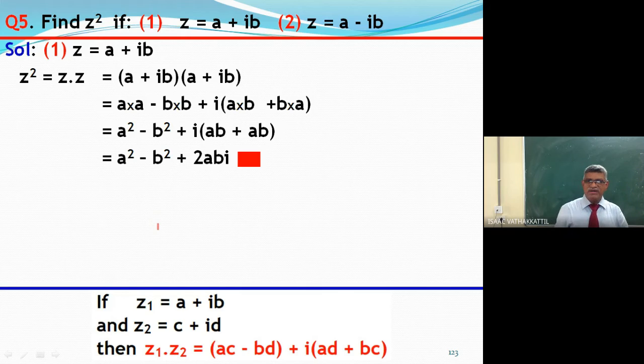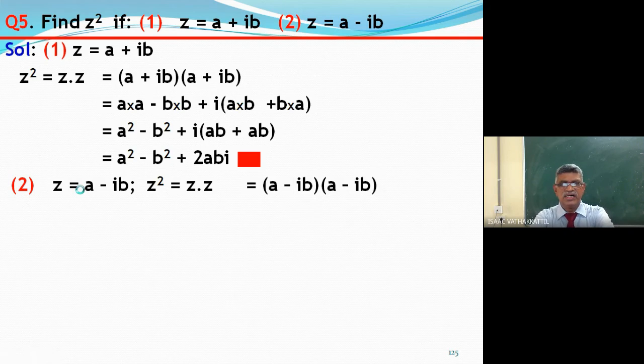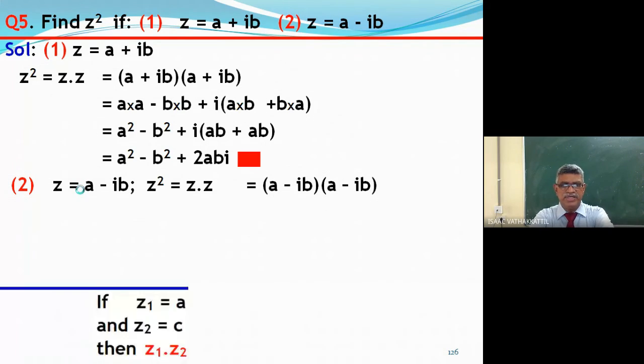I'll ask you to remember it later. Simple one: (A plus iB) the whole squared. What about (A minus iB) the whole squared? Z is A minus iB. Z squared is A minus iB into A minus iB, which is nothing but AC minus BD.